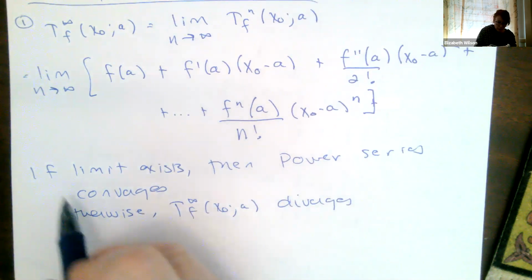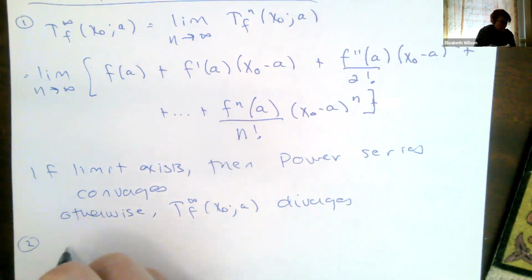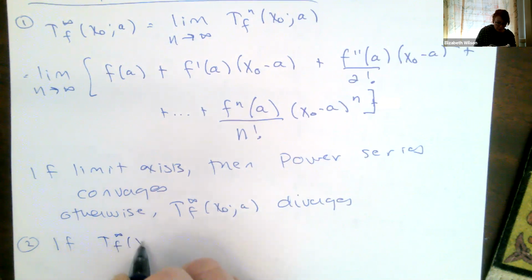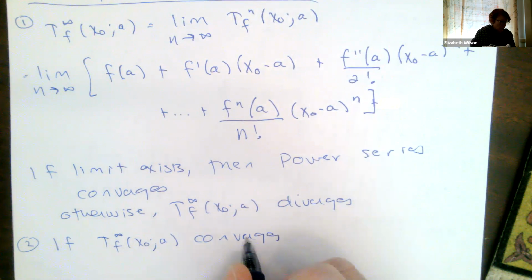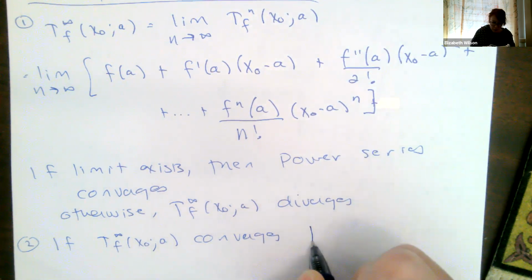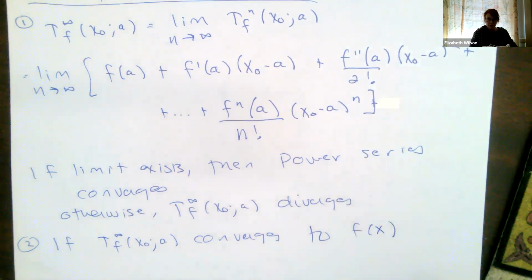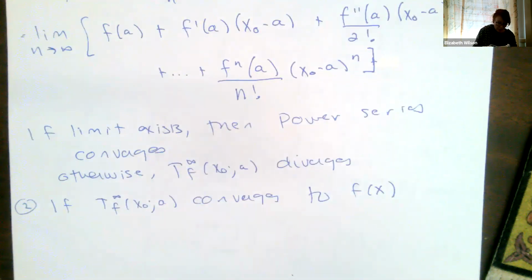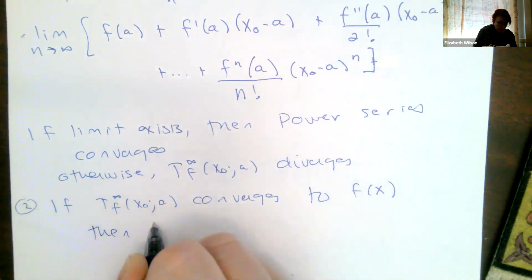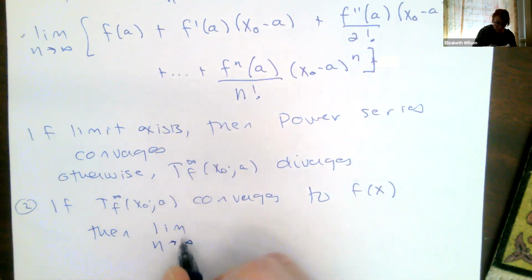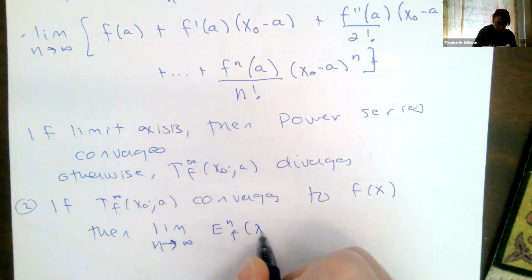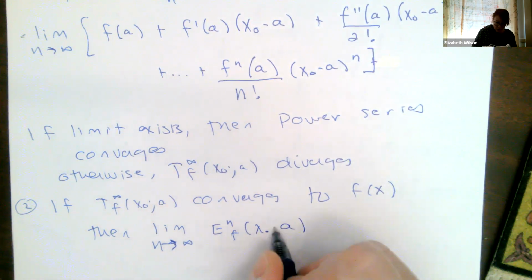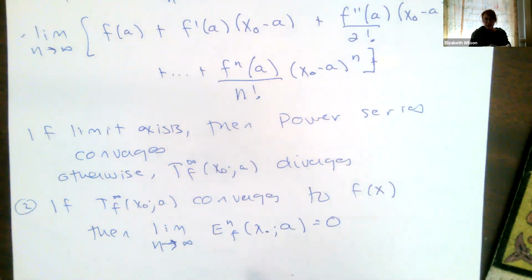So let's elaborate on this. If the limit exists, if our infinite series converges to our function, then the limit as n goes to infinity of our error goes to 0.